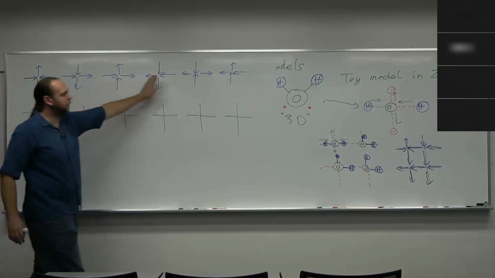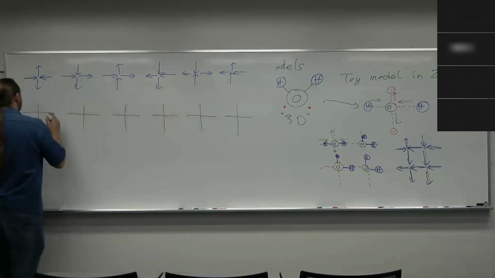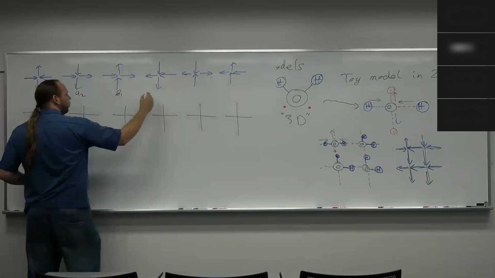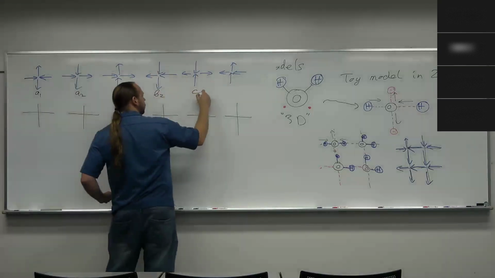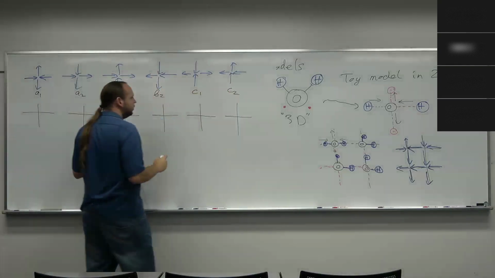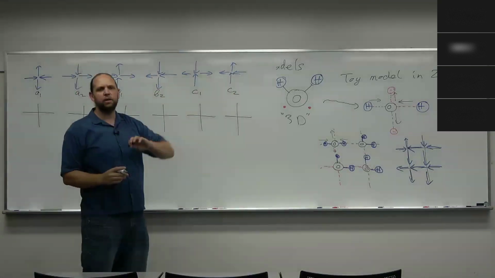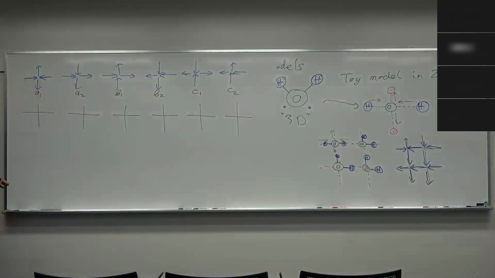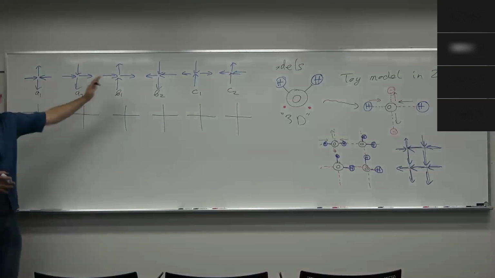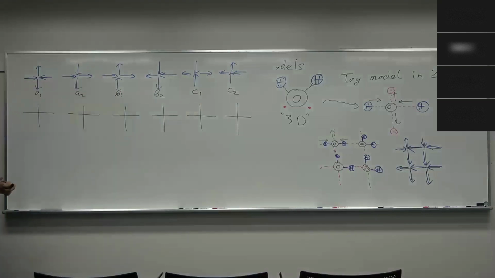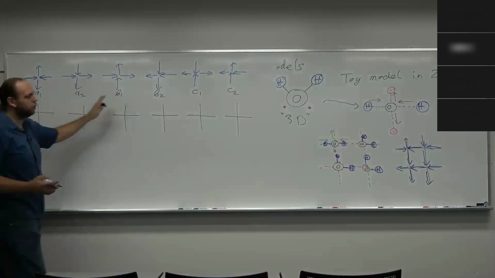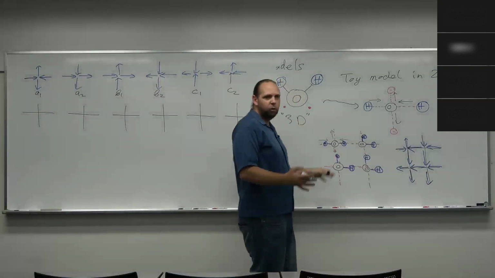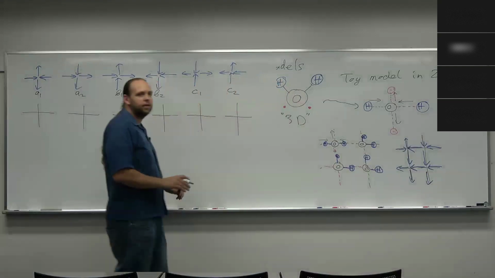I'll have my 6 configurations with weights A1, A2, B1, B2, C1, and C2. They'll sum together to something that may not be 1, but I can divide by that value and get an honest-to-goodness probability. And more generally, I can do this to an entire grid with maybe some fixed boundary conditions and divide by it.